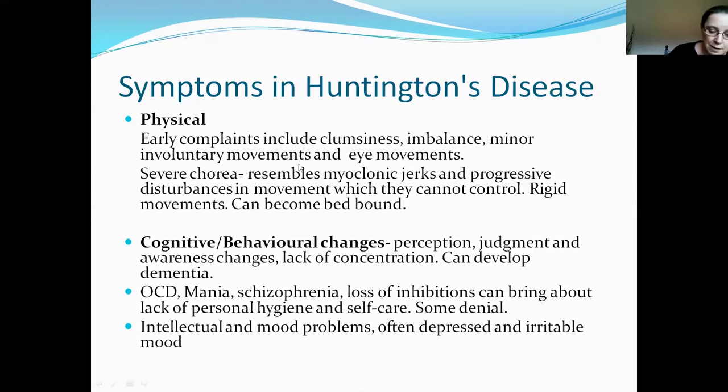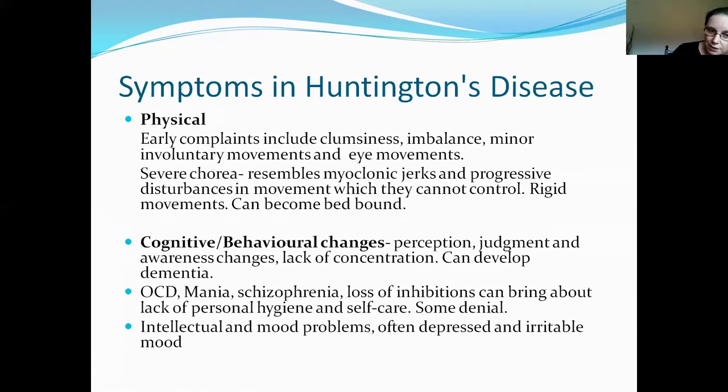It's important to remember that Huntington's can bring on more than just the physical changes. It also includes cognitive and behavioural changes. So you see difficulties with perception, judgment, some awareness changes, lack of concentration. They can develop dementia-like symptoms. They can also become quite obsessive or manic, with schizophrenia-type symptoms.